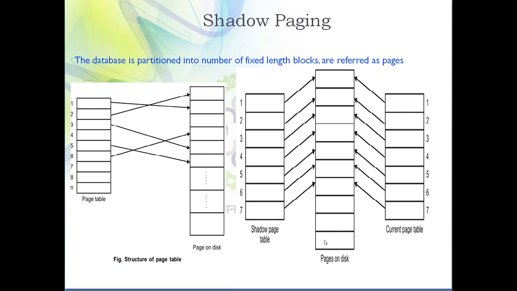Then the transaction makes a particular change to that page, bringing that page from its memory to an unused memory, where the current page table points, and the shadow page table points to the previous position itself. If the transaction is successful, the shadow page table changes its position from old to new. If the transaction fails, the shadow page table is already pointing to the previous page. So this is how the shadow paging technique works.